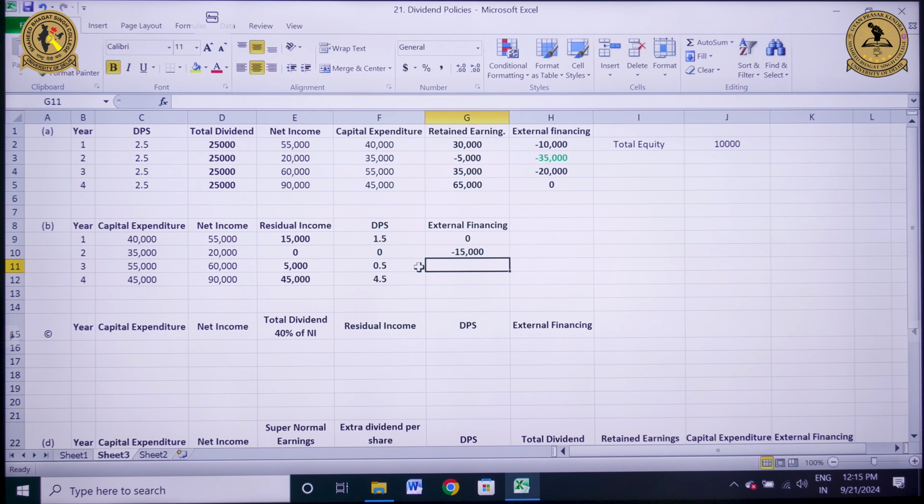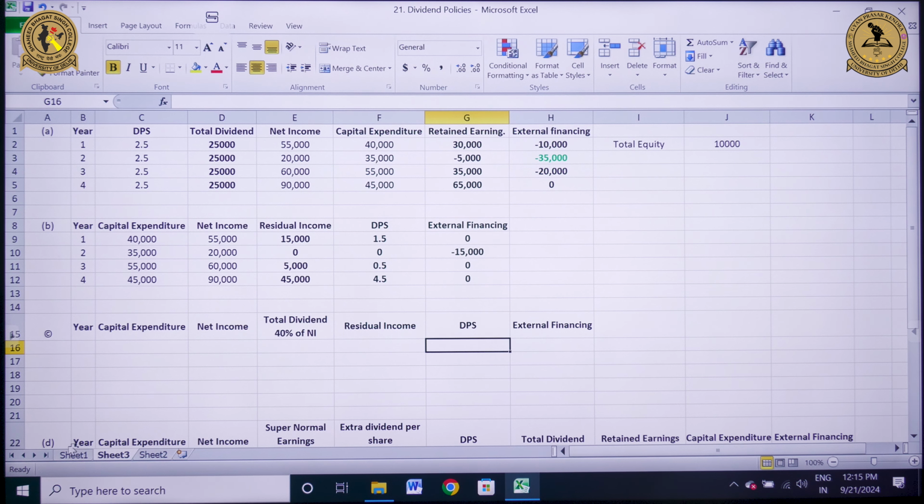So the company requires approximately 15,000 rupees through external financing. In year 3 as well, the external financing will be 0. Similarly, in year 4, the capex requirement is 45,000 and the net income is 90,000. So again, it comes out to be 0 in year 4.